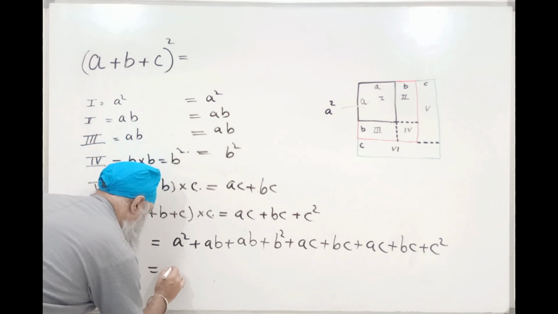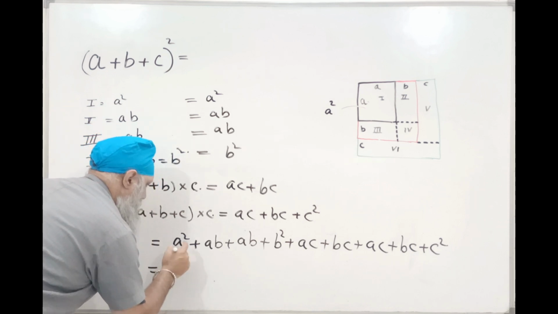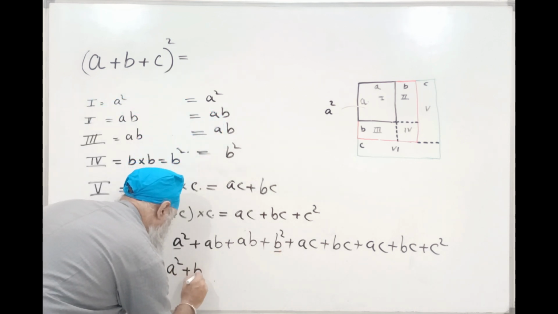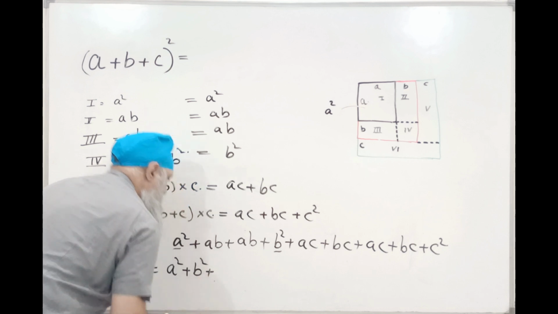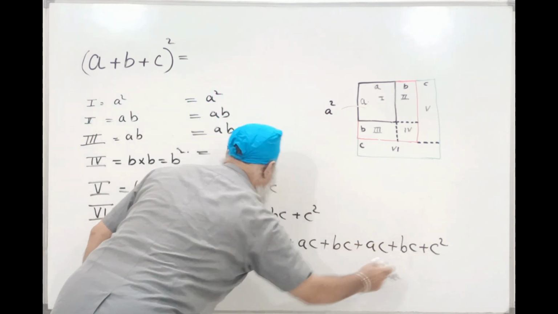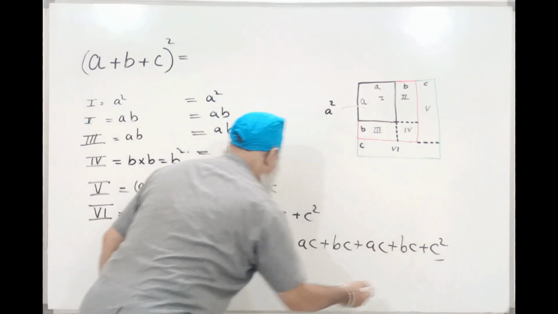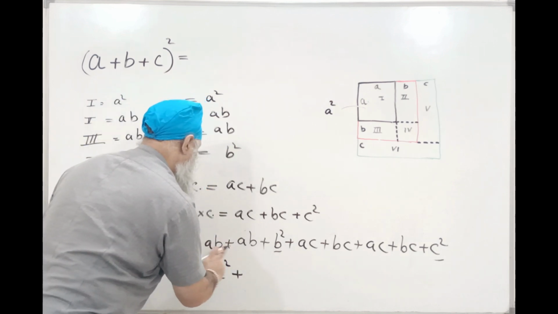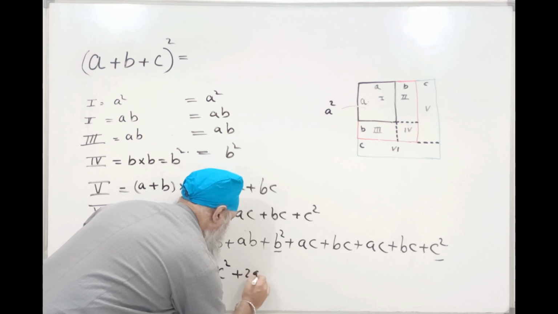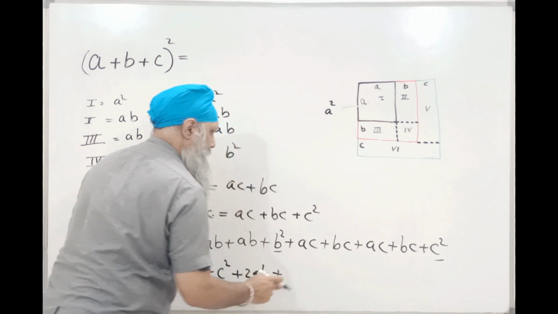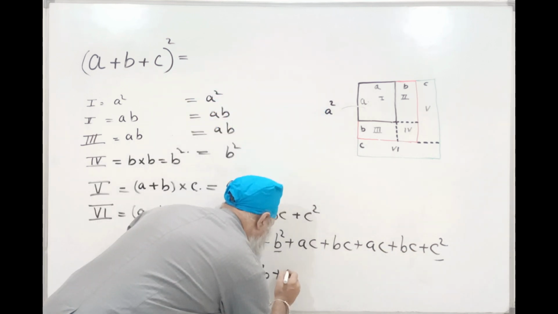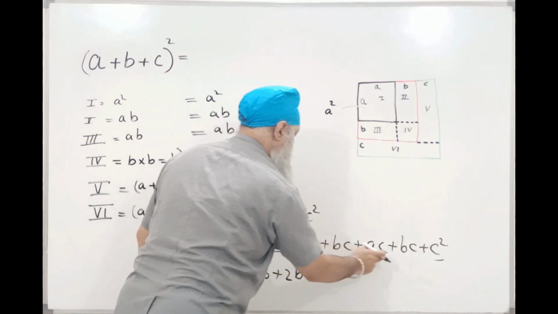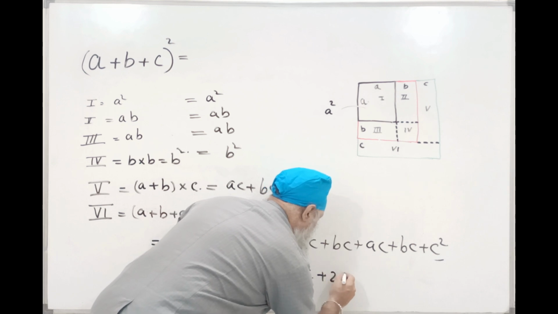So we have added up all of these. This will become A square, then B square, and then C square. Write it on the square terms. Plus, this is AB, it is 2AB. Plus, this is BC, this is 2BC. Plus, this is AC, that is 2AC.